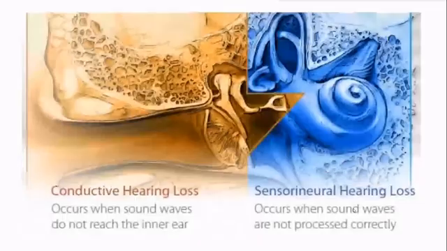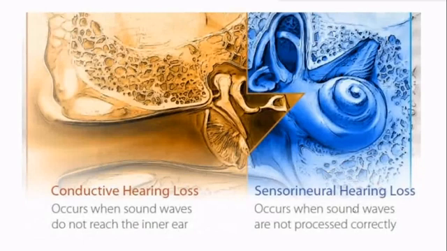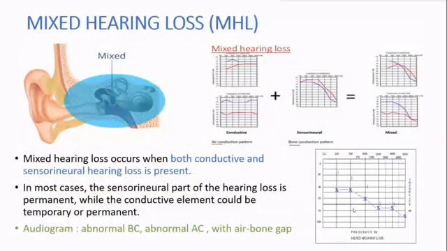Okay, this is another diagram showing where the possible pathology is when you talk about conductive hearing loss and sensory hearing loss. Next is mixed hearing loss. This happens when there's pathology in both anatomical areas of the ear: the external and middle ear, and also the cochlea or retrocochlea.